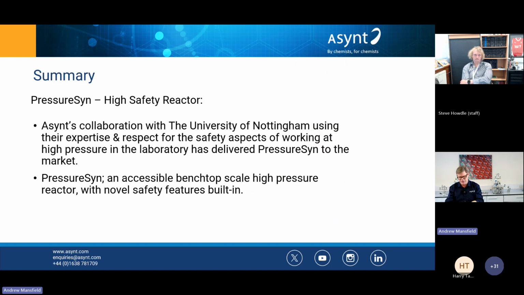So just wanted to summarize to say thank you to Professor Steve Howdle and the University of Nottingham for working with us, using their expertise and extensive knowledge to develop this range of reactors, the PressureSyn. This is available to all of you. We've taken the university's experience to really design a product that is really fit for purpose.